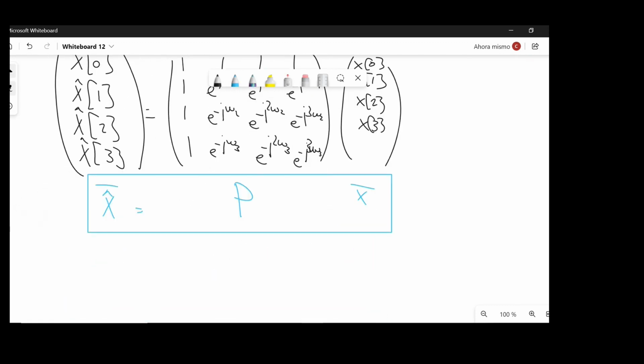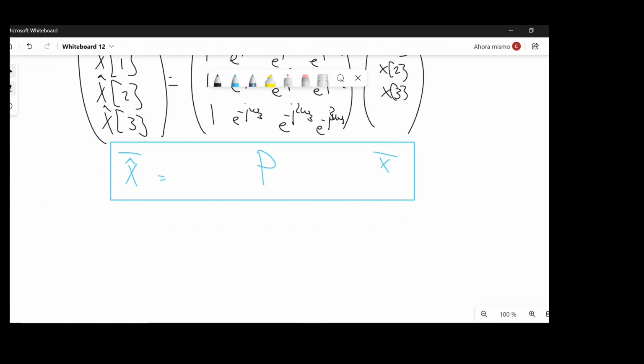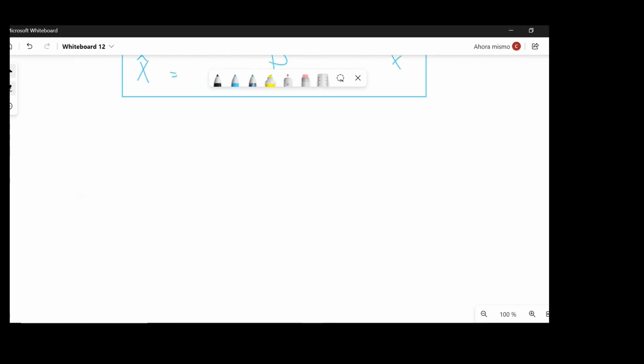So let's talk now about basis, and we'll come back to signals later. So what is a basis? When you write, for instance, a vector x, y, z, what you are saying is that this is x times the unit vector x plus y times the unit vector y plus z times the unit vector z.